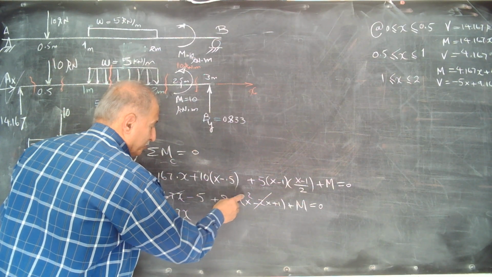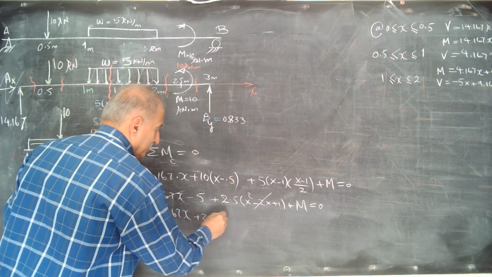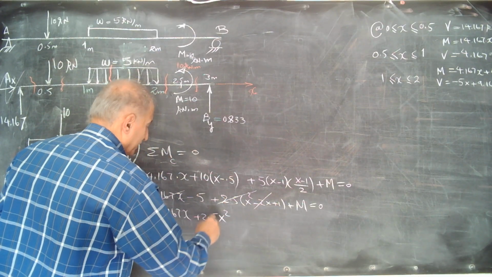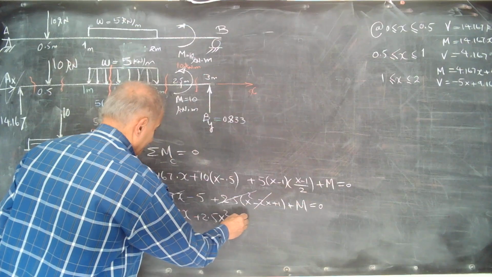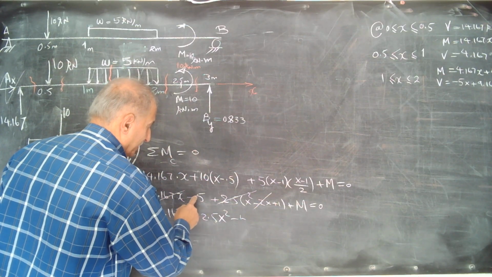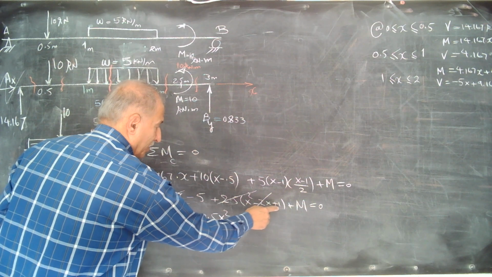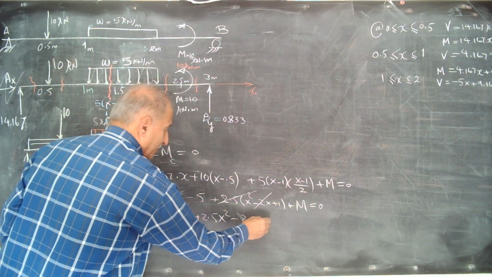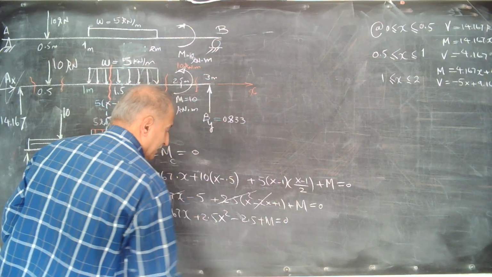I have 2.5x squared, and I have minus 5 here. Plus minus 5 plus 2.5 here is minus 2.5, plus m equals 0.